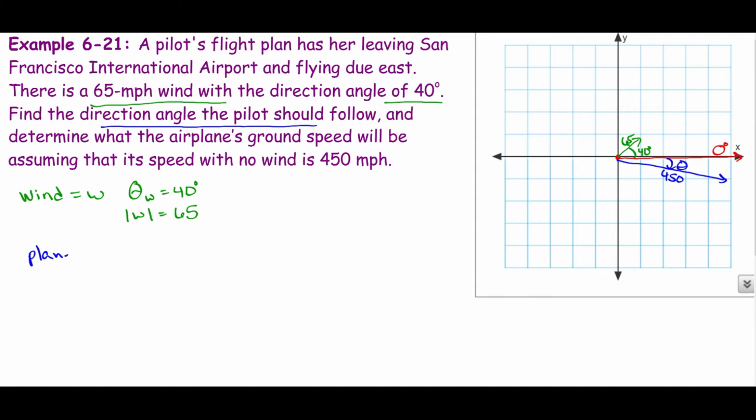And then we've got the plane, and I'm going to call that P. So the direction angle for P is what I'm trying to find, so we're just going to call that theta. And the magnitude of P, we know, is 450. And then we've got the actual flight of the plane, and I'm going to call that F. And I know that the angle for F is 0 degrees, and I know the magnitude of F is, again, what I'm trying to find, so I'm just going to call that F.